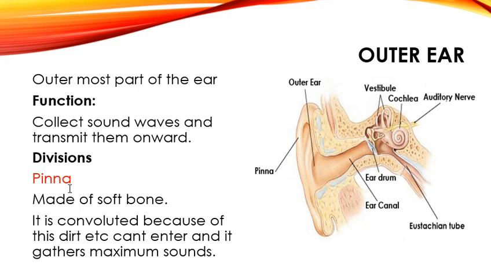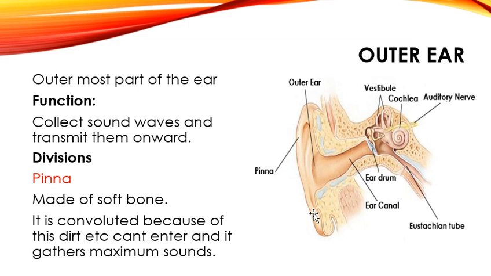The first part is the pinna. The pinna is actually made up of soft bone. This is the visible part of the ear. The pinna is convoluted, and this convolution serves two purposes.